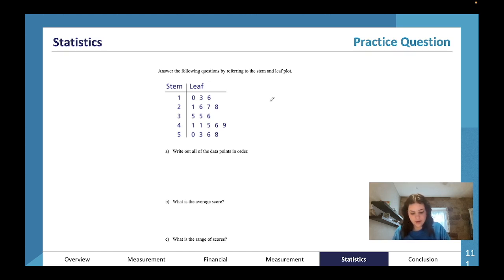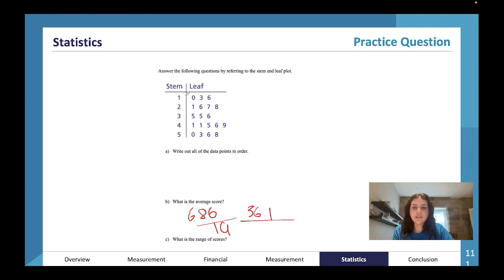Plus 41 plus 41 plus 45 plus 46 plus 49 plus 50 plus 53 plus 56 plus 58. Now, how many data points do we have? 1, 2, 3, up to 19. So we got 686 when we added those all together. We're going to divide that by 19. We get 36.1, which is our average score.